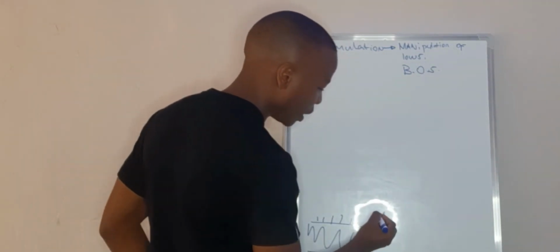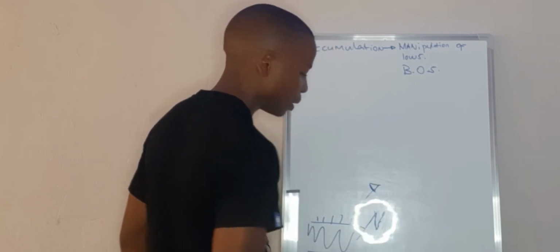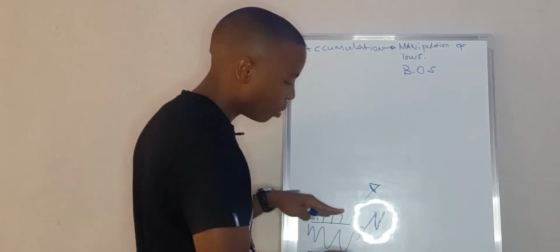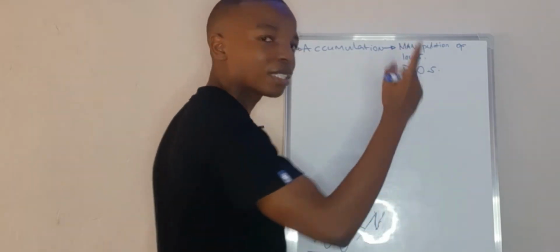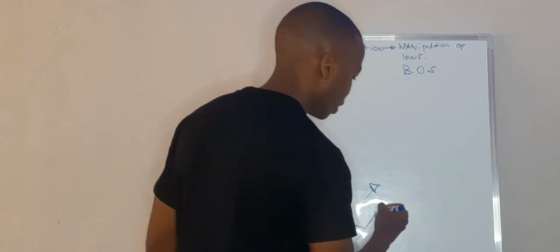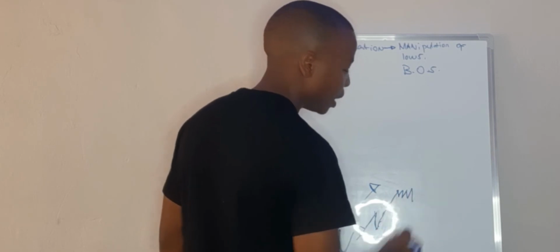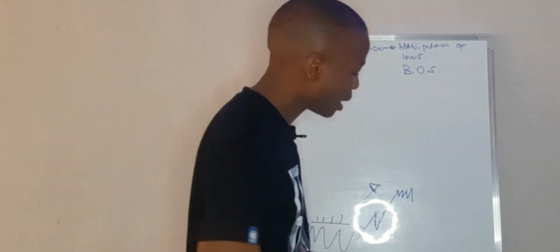After an accumulation phase, you have what we call a markup. This is when market makers have gathered their orders and have all agreed to push price strong in one direction. You have a markup. Now you can have a reaccumulation, also known to you as a corrective pattern.